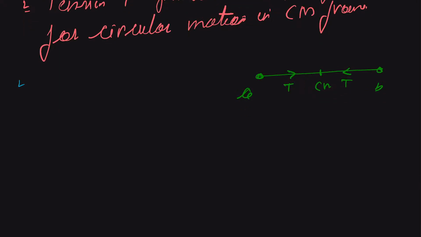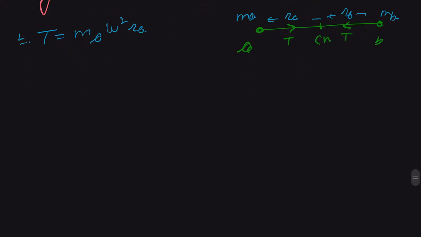Therefore, we can write that tension T is equal to Ma omega square Ra, because this distance is Ra, mass is Ma, and here it is Rb, mass is Mb.